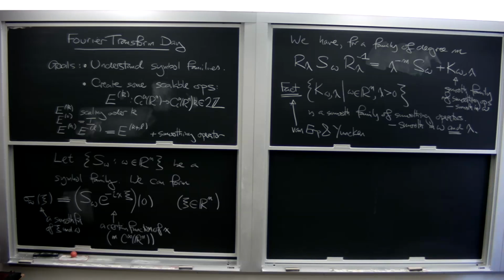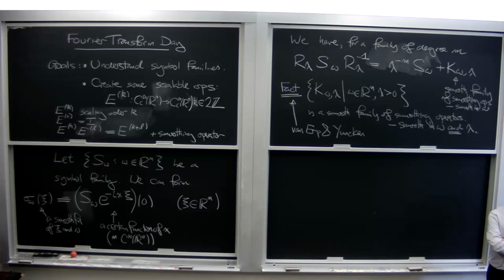The first thing you might ask, let's assume the family is compactly supported in omega, the original family S. Then the first thing you might ask for is whether these K omega lambdas are all given by little integral kernel functions, little k sub omega lambda of x, y.